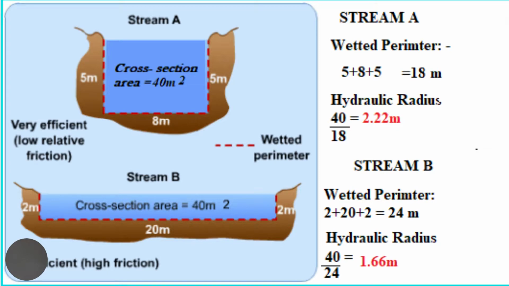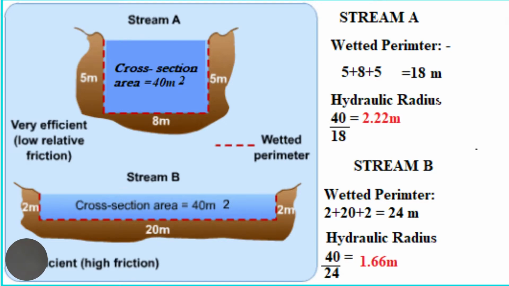So let's look at these diagrams. For stream A, the cross-sectional area is 5 multiplied by 8, which gives us 40 meters squared. We can then find the wetted perimeter by adding 5 plus 8 plus 5 again, which gives us 18 meters.